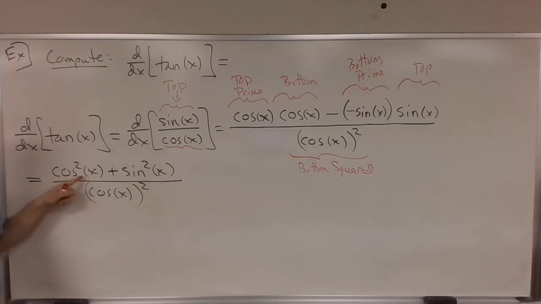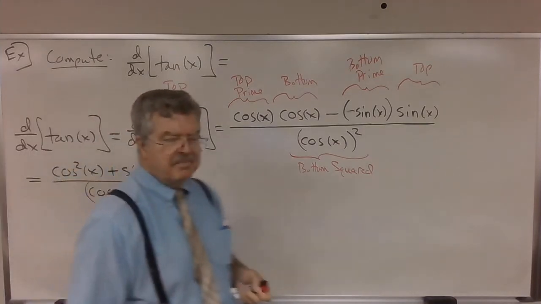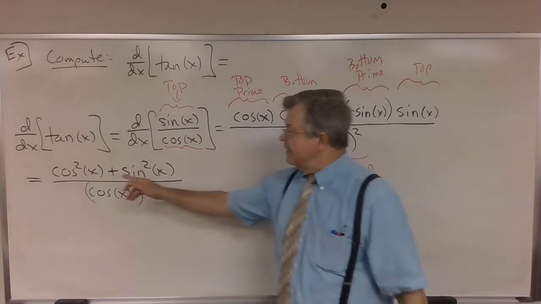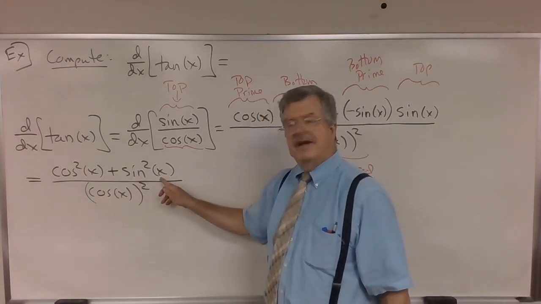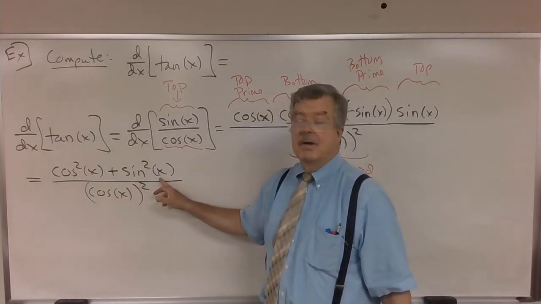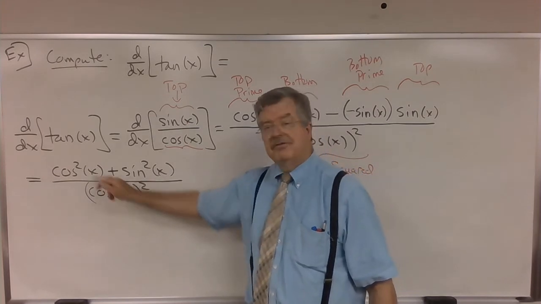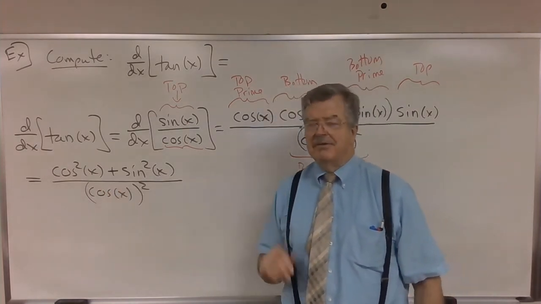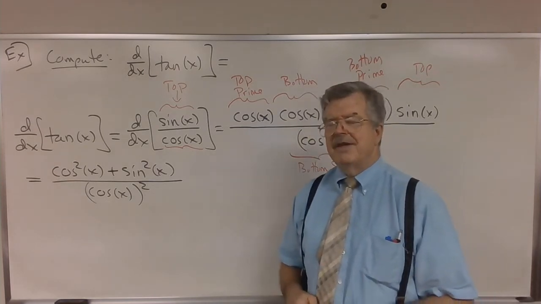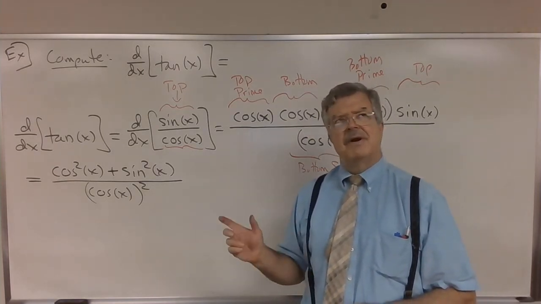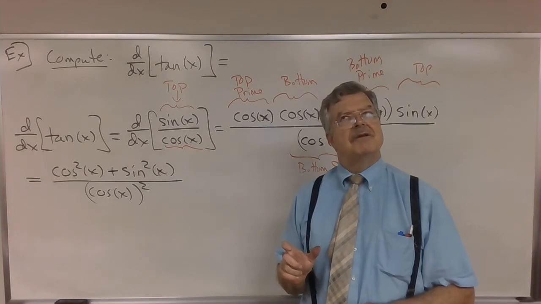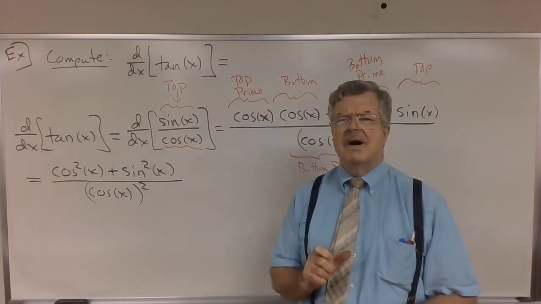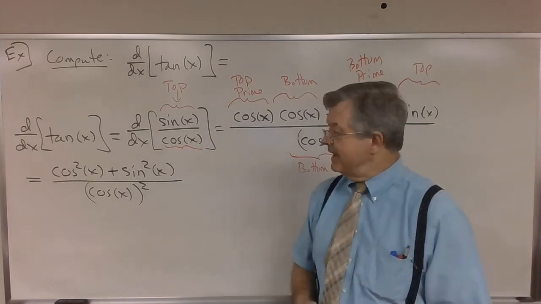Now, something looks very familiar to me as far as the numerator goes. Cosine squared x plus sine squared x, or sine squared x plus cosine squared x. That ought to ring a few bells. And if you're thinking sine squared x plus cosine squared x equals 1, you're right.